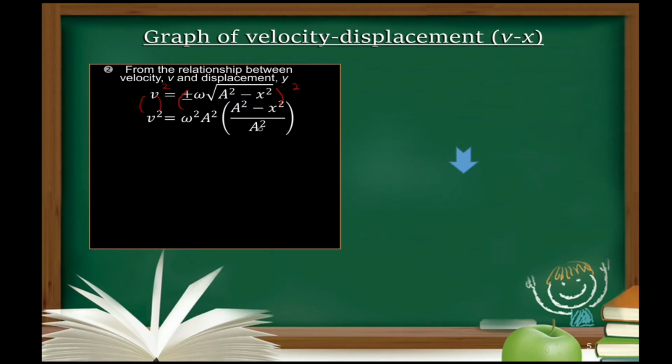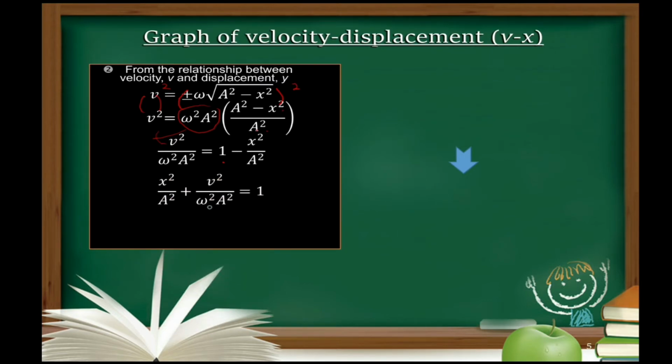Now, A squared over A squared is 1, so don't worry about that. Bring this part here to the left hand side. So v squared over omega squared A squared, and then A squared divided by A squared, I'm going to get 1, and x squared divided by A squared, I get x squared over A squared.